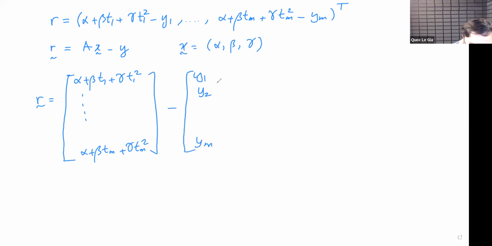So you split it into two vectors like this.